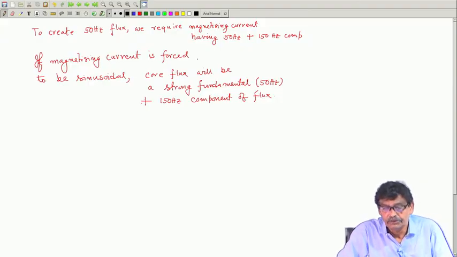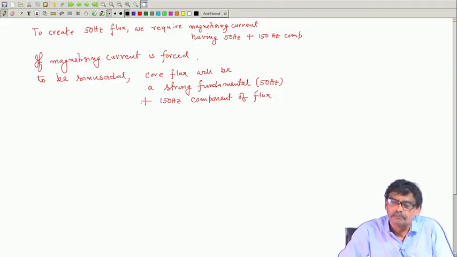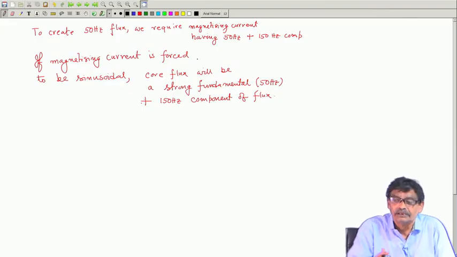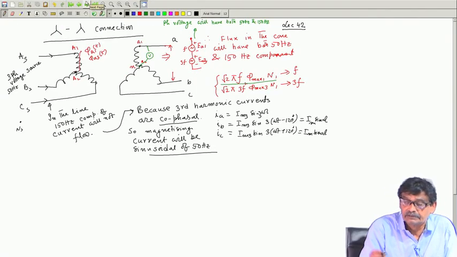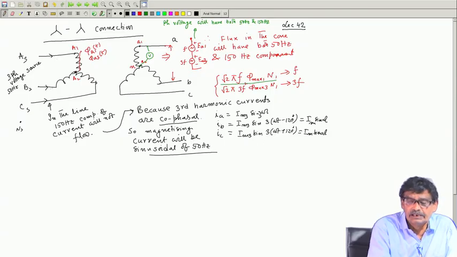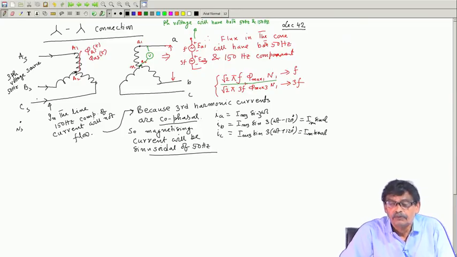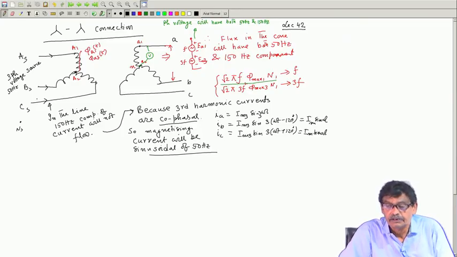Then, depending on situations, the current may not have a 150 hertz component. In case of, say, star connections without neutral connected anywhere, there is no scope for any third harmonic current to exist in the lines of these transformers, and therefore the flux must have a 50 hertz as well as a 150 hertz component.